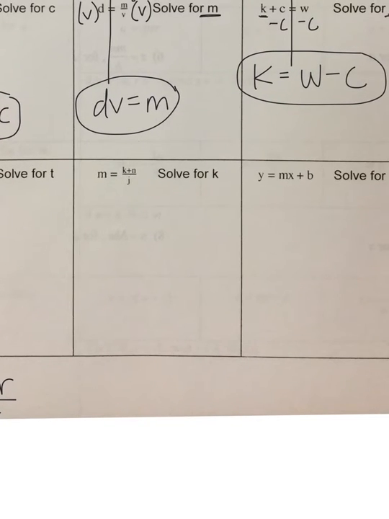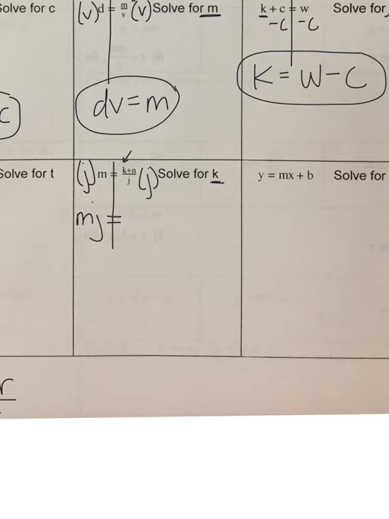All right, here's our two-steppers. I'm solving for K. He's right there. He's on top with that N. So I need to leave those two alone for a minute, and I need to get rid of that J first. How do you move a divided by J? You multiply, Miss Hall. That's right.